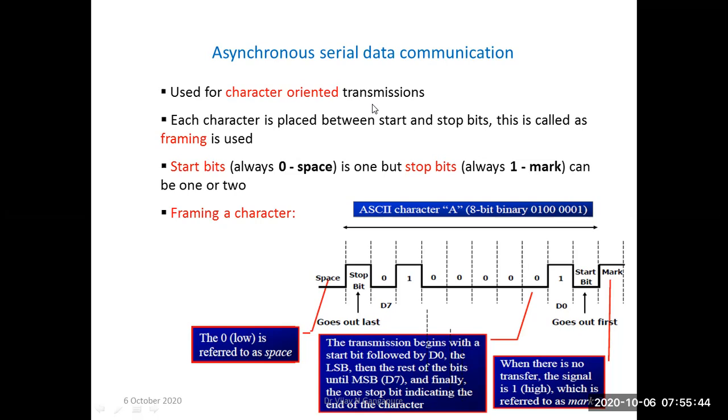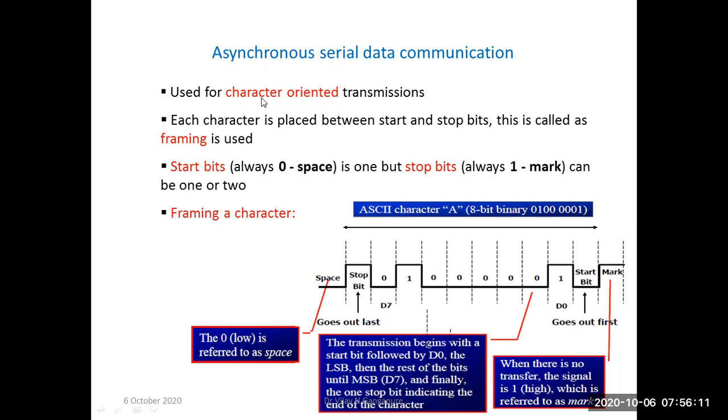Character oriented transmission means, for example, if there is a text file and we want to transmit the data in that text file serially, then we can use asynchronous serial data communication, because the smallest unit in that text file is a single character. So the characters in a text file can be transmitted sequentially using this asynchronous serial data communication.